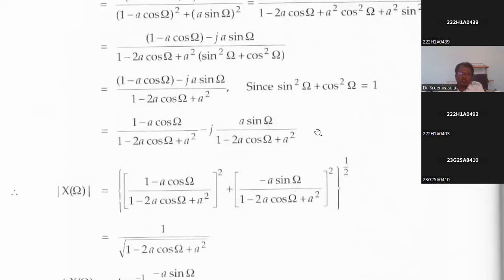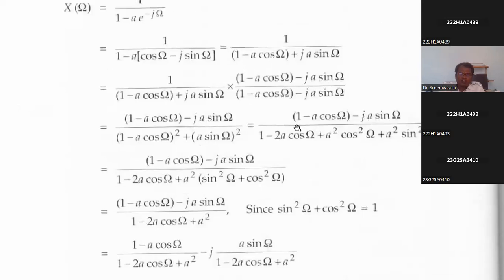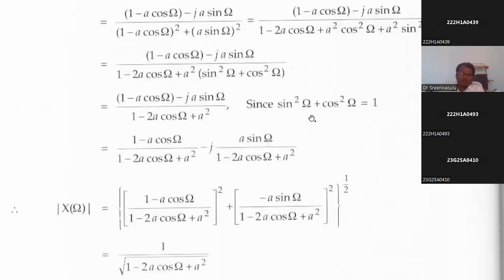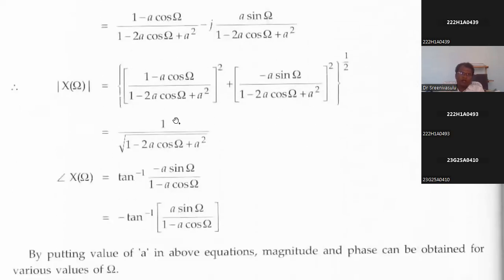Instead of doing all these things, you just write root of real square plus imaginary square. The real square means 1 square plus a square cos square omega minus 2a cos omega, and this one as usual sin square omega. Sin square omega plus cos square omega is 1. So like that, finally you will get the magnitude of X of omega.